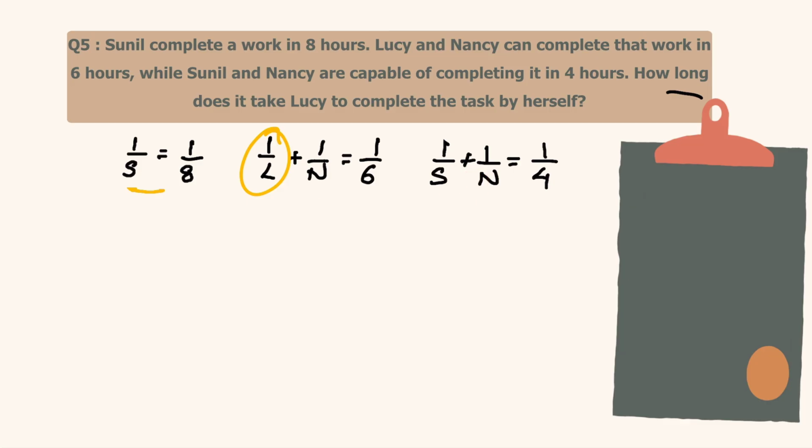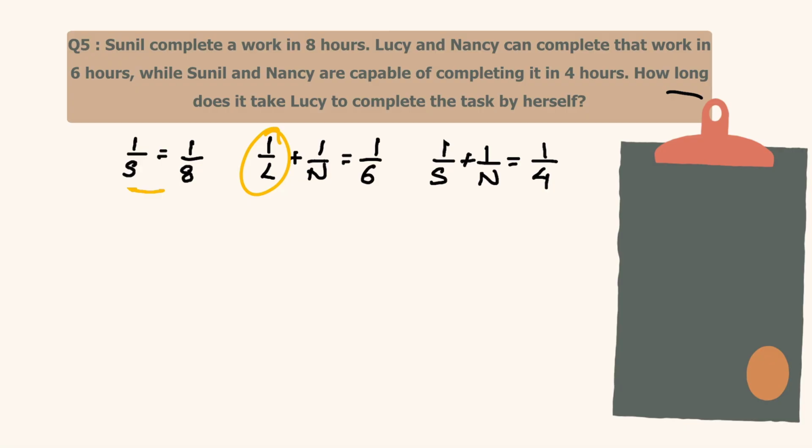And also you have 3 variables, 1 by s, 1 by l, 1 by n, right? So 3 equations and 3 variables we can solve. If we have 3 equations and 4 variables, we cannot solve. That means we need as many equations as possible. If you have 2 variables, we need minimum 2 equations. If you have 3 variables, you need minimum 3 different equations to solve it, not the same equation.